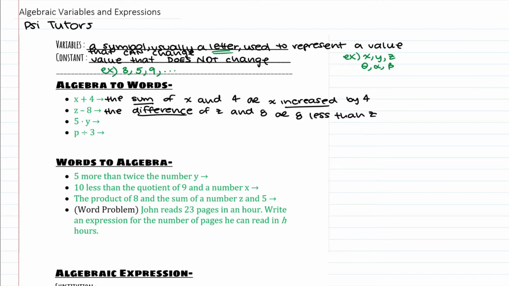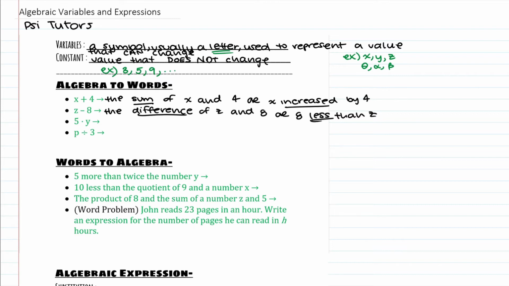Notice how I have said 8 less than z and not z less than 8. Z less than 8 would be like this, and this is not the same as what we're originally given. So just know how you use this. So again, using the key term less. So increased meaning addition, and the key term less meaning subtraction.